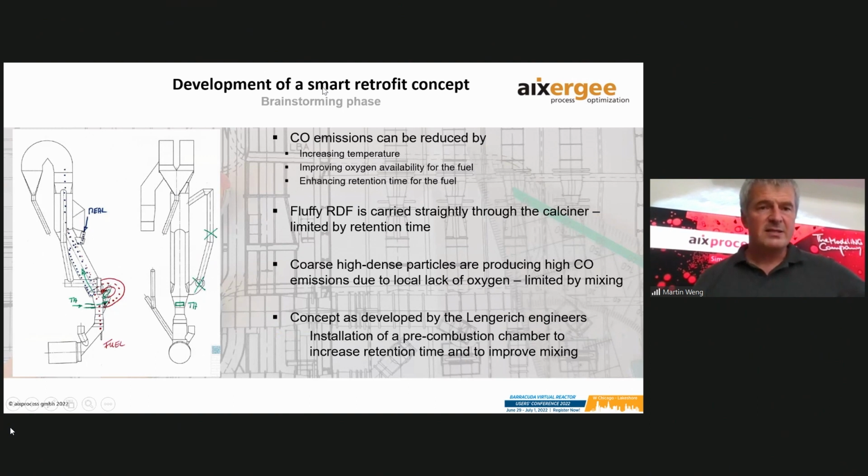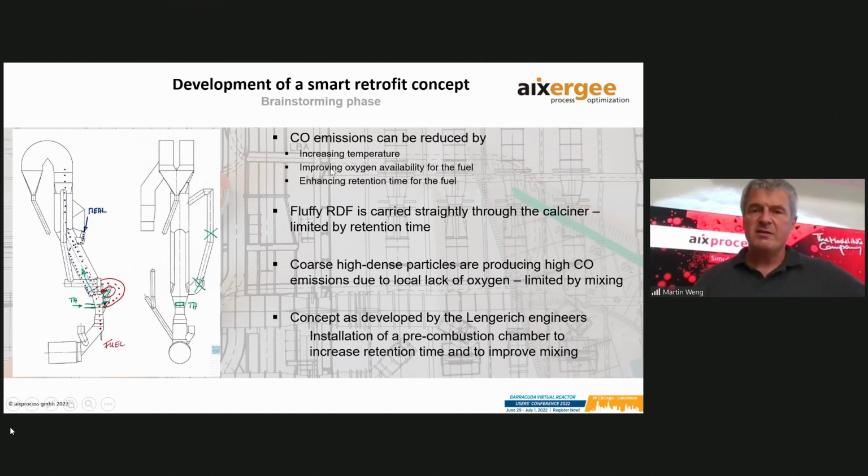All right, and after we had the troubleshooting analysis done, we sat together with the plant team and really did a kind of brainstorming or conceptual phase. And what's clear is that the CO emissions can be reduced by increasing temperature, improving the oxygen availability for the fuel, enhancing retention time for the fuel.